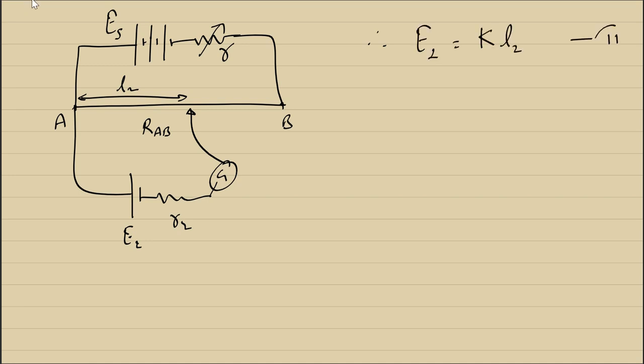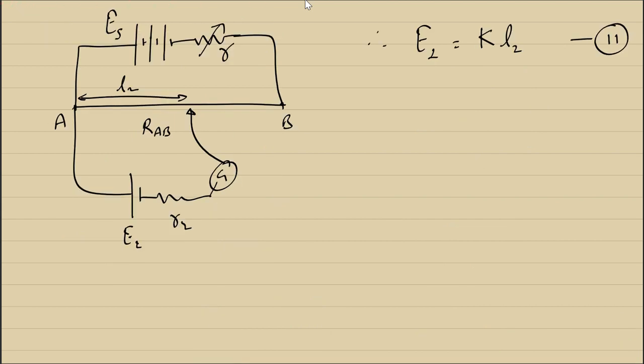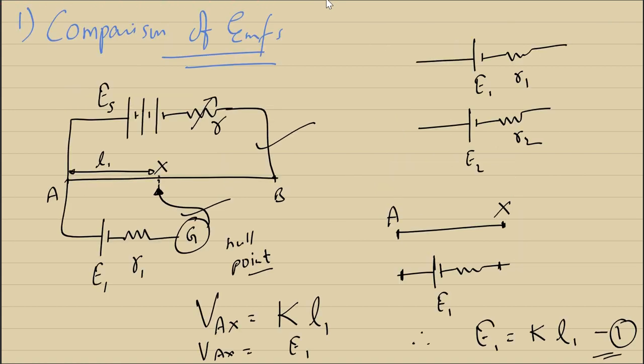Now, if you take the ratio of equation 1 divided by 2, we can say E1 by E2 is equal to L1 by L2. L1 and L2 we can measure with the help of that scale I showed you earlier. So lengths can be measured and hence we can compare the values of E1 and E2.